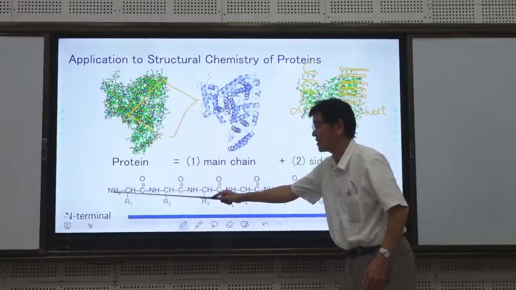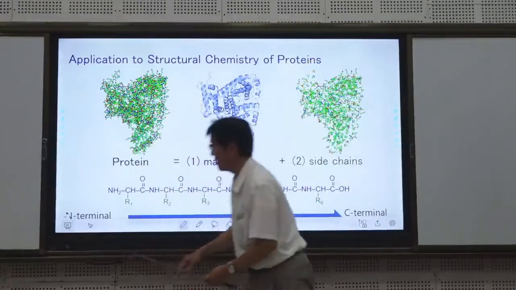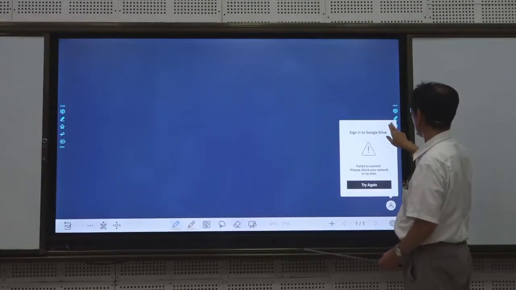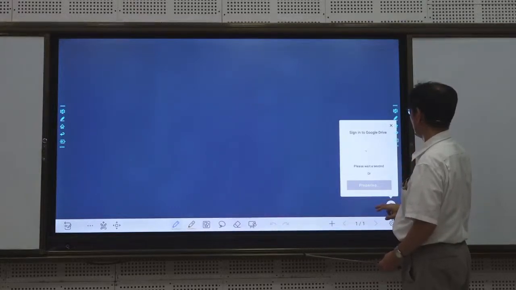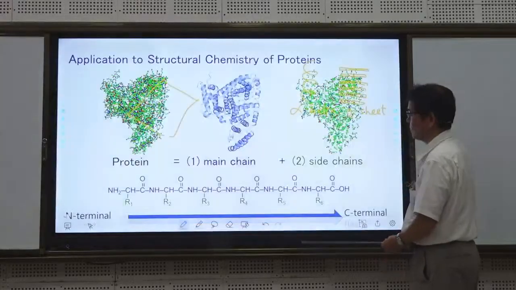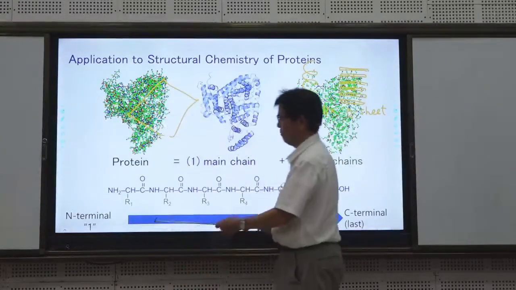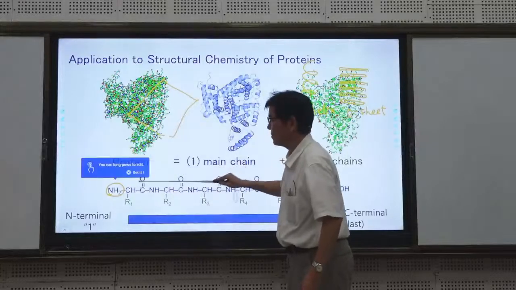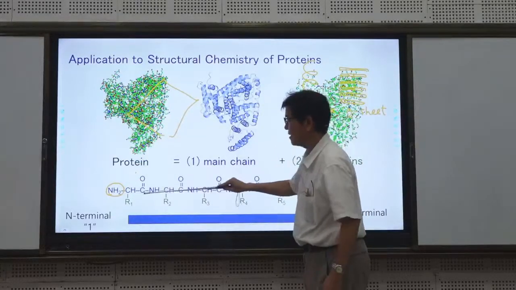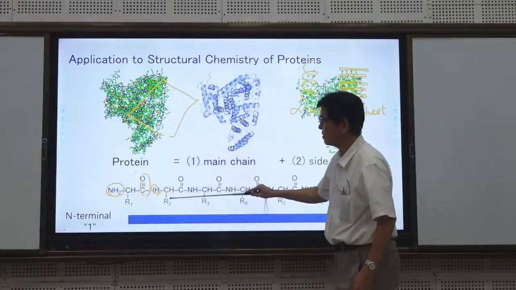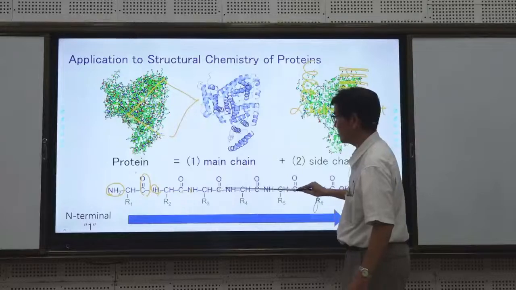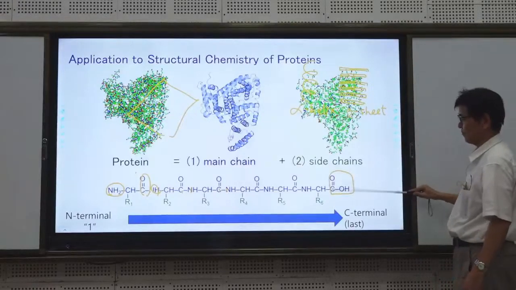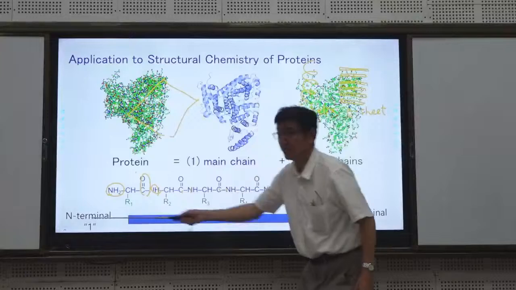So this is the polymer of the amino acid, and this is the polymer of the peptide main chain, and N terminal is here, and C is connected to N. So starting from N and ending with C. So we call it N terminal.